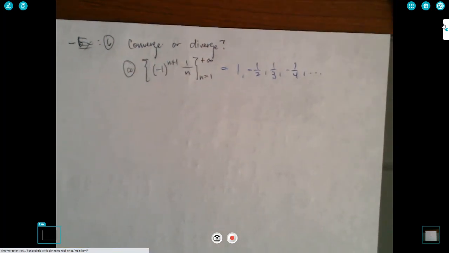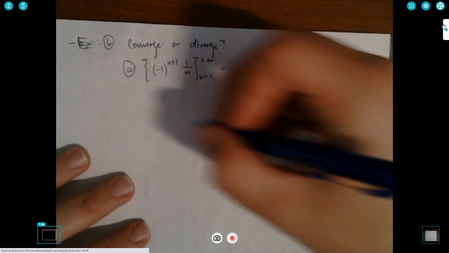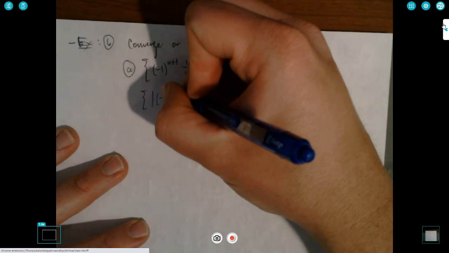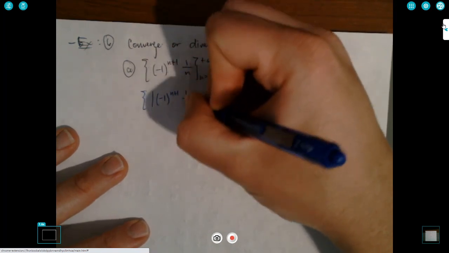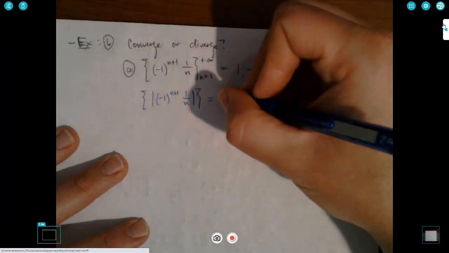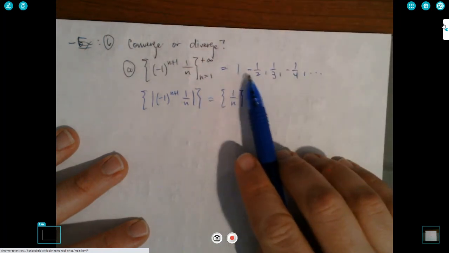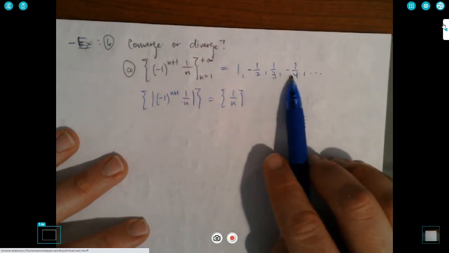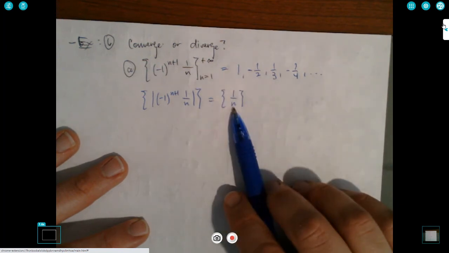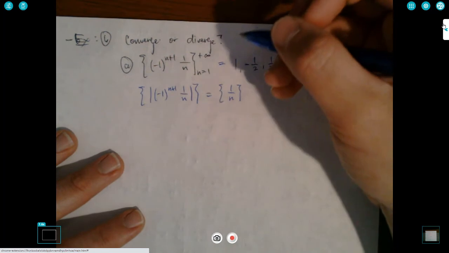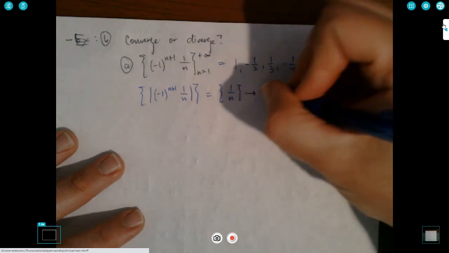So if you think about what the absolute value of that would be, the absolute value of (-1) to the n plus 1 times 1 over n is just equal to 1 over n. It would just be 1, positive 1/2, 1/3, positive 1/4. It would just be 1 over n. Well, this thing goes to 0.